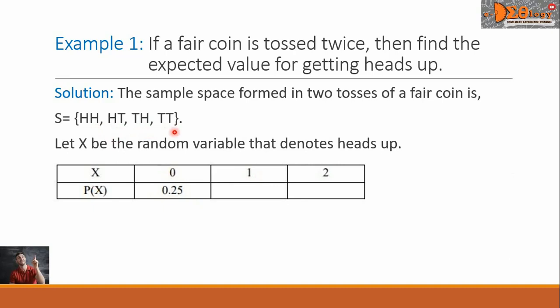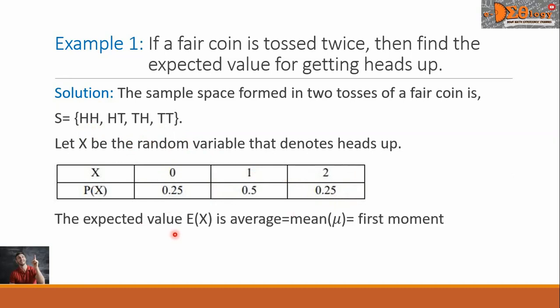So that is 2 over 4, and we write 0.5. When X is 2, meaning 2 heads, there's one sample point here, HH, corresponding to 2 heads. So the probability is 1 over 4, and that is 0.25.